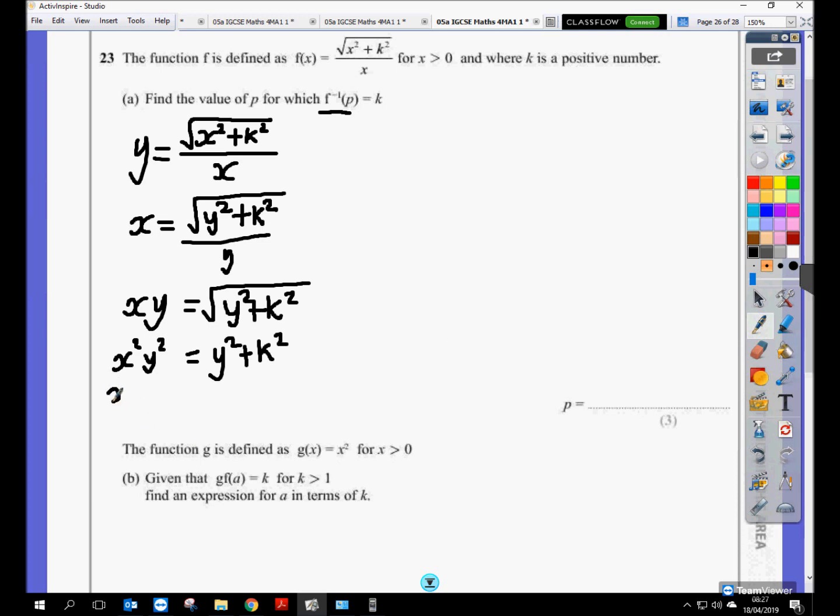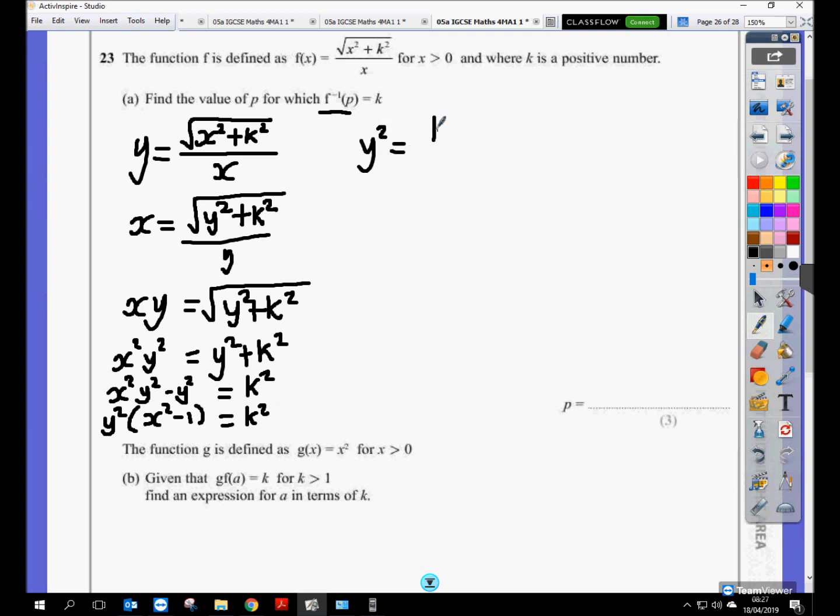So I'm going to collect all the y terms on one side. So you have x squared y squared minus y squared is equal to k squared. Y squared is common, so I can factorize it here. Y squared brackets x squared minus 1 is equal to k squared. And then I can rearrange this.